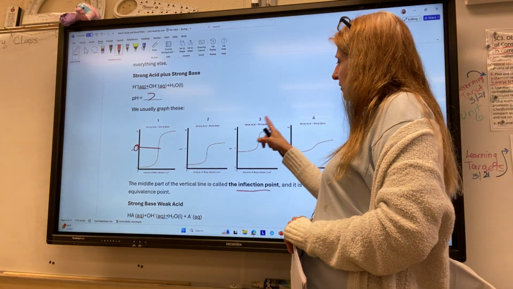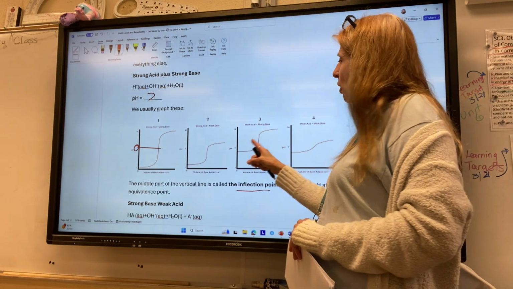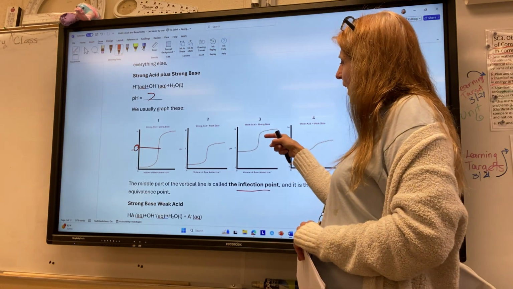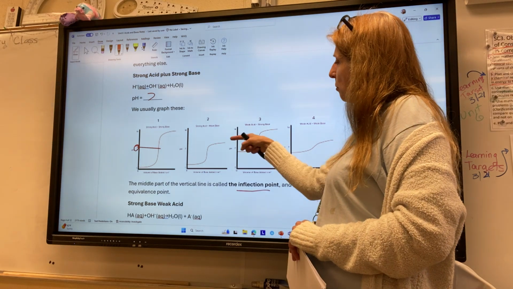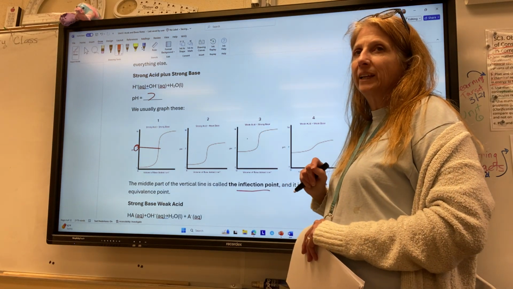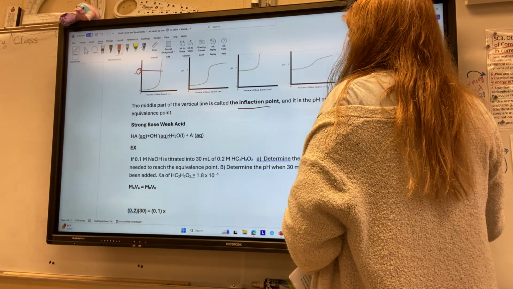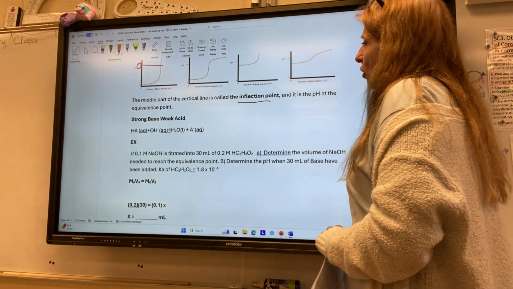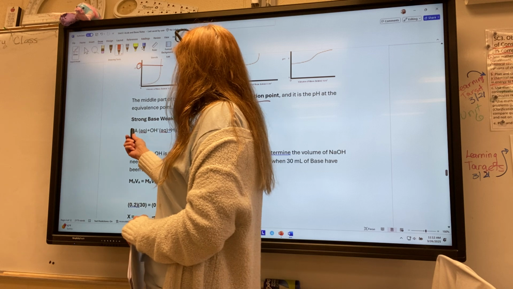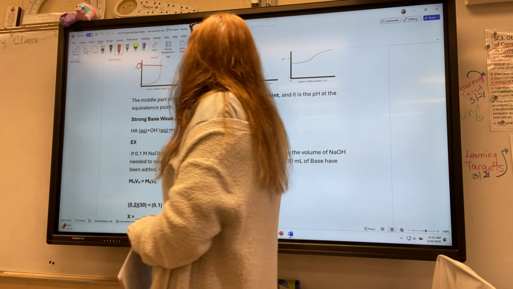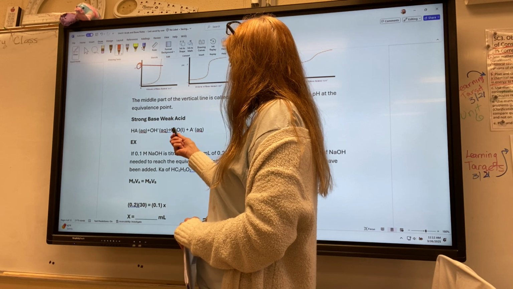So if we were given this graph and not told, we could look at it and go, oh, this is a strong base and a weak acid because my equivalence point is basic. We could label that diagram, couldn't we? Okay, and that's how they all work. So here's a strong base and a weak acid. Here's our acid. There's our strong base, sodium hydroxide. This is the conjugate base and water.